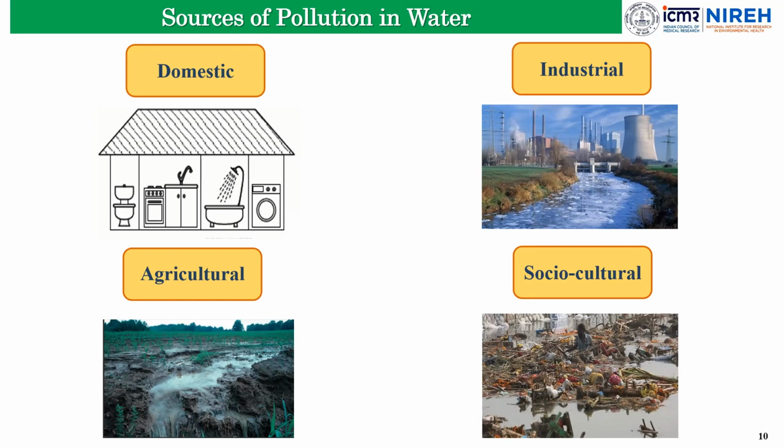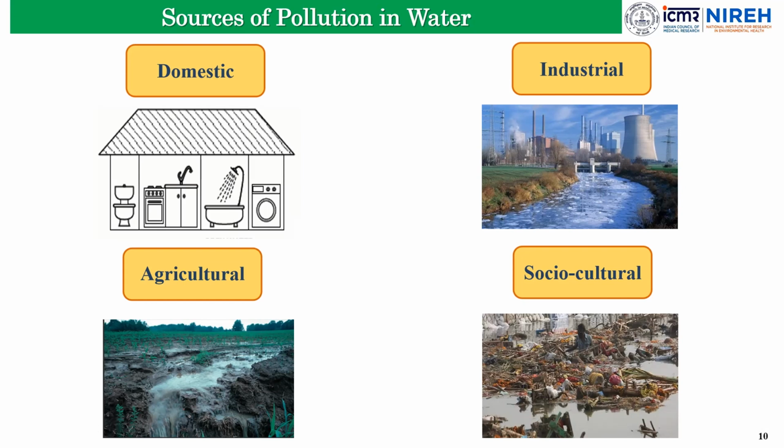Although it is known that there are lots of industries on the bank of River Ganga which discharge a lot of chemicals, still approximately 70 to 80% is only because of the mismanagement of domestic waste, and that gets discharged into the River Ganga. Industrial constitutes approximately 20% or so. But yes, quality-wise, industrial sources of pollution are much more harmful because they contain lots of chemicals.